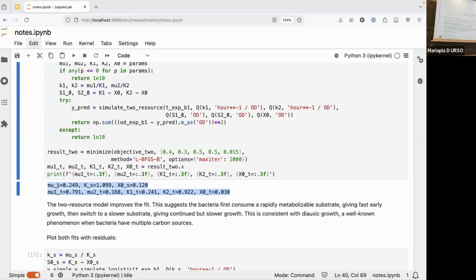So first of all, mu underscore s is the first model, a single resource model, and here are the same values that we had before, or very close to it, 0.249. Ks was around 1. And here now we have the parameters of the second model. We see already two things.